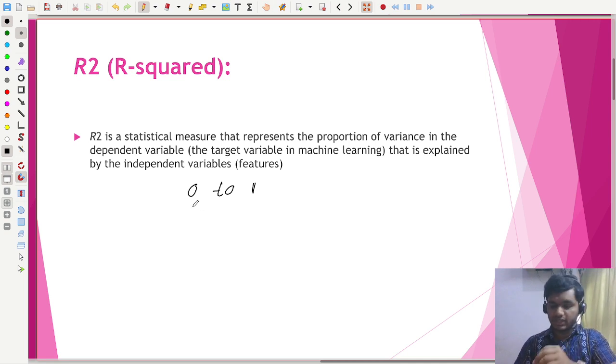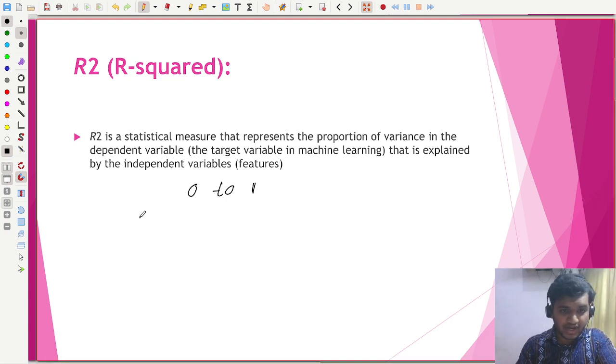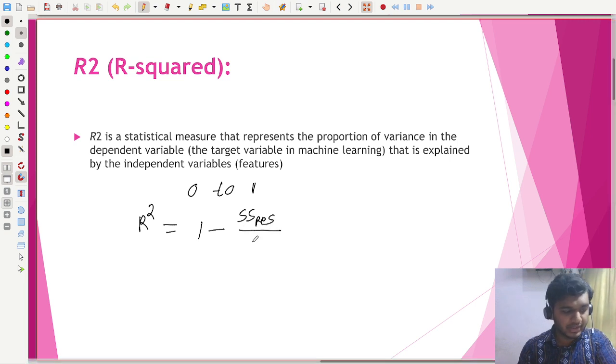So we see the formula of R square. R square equals 1 minus SSRES divided by SS total.